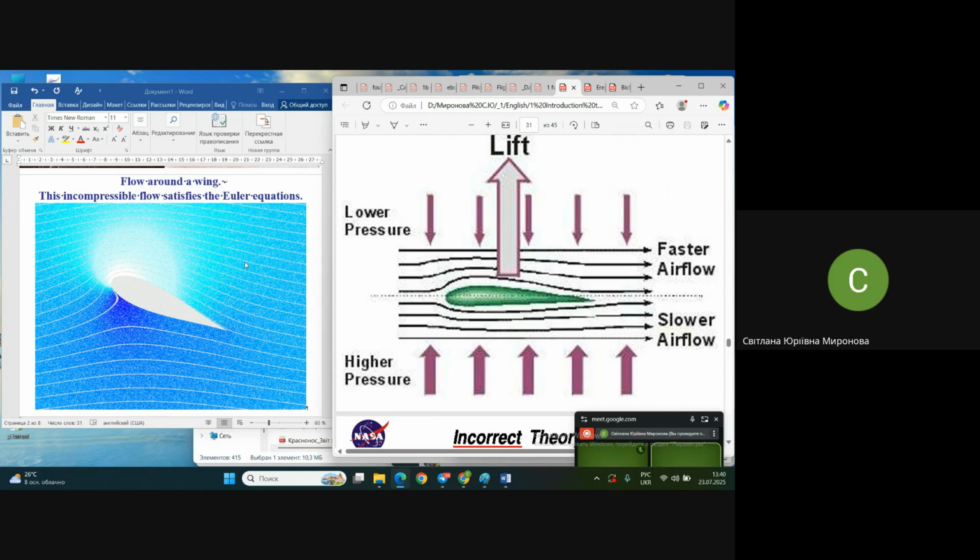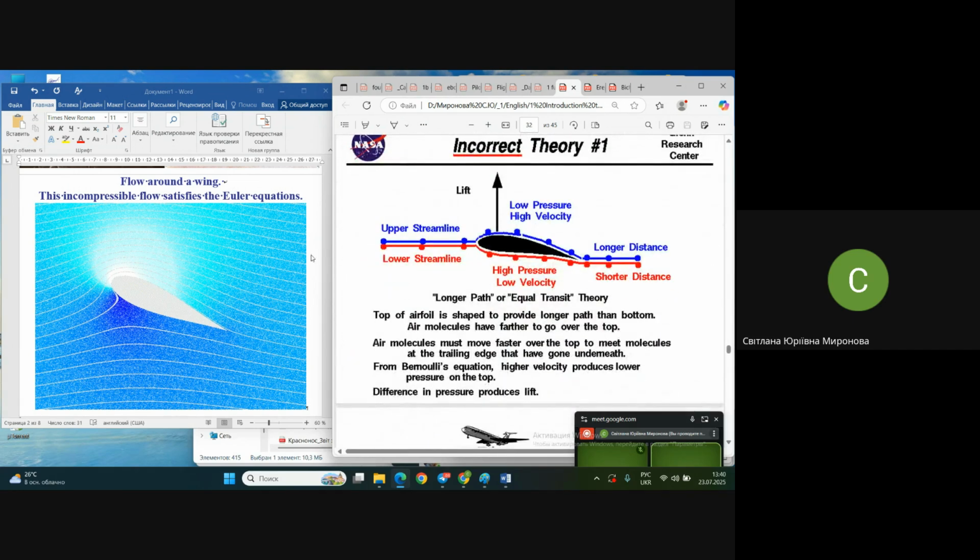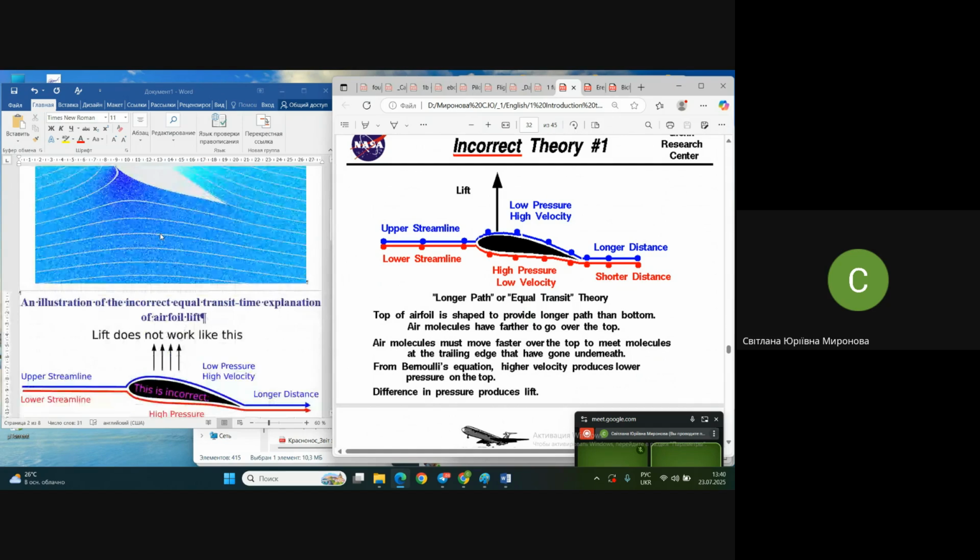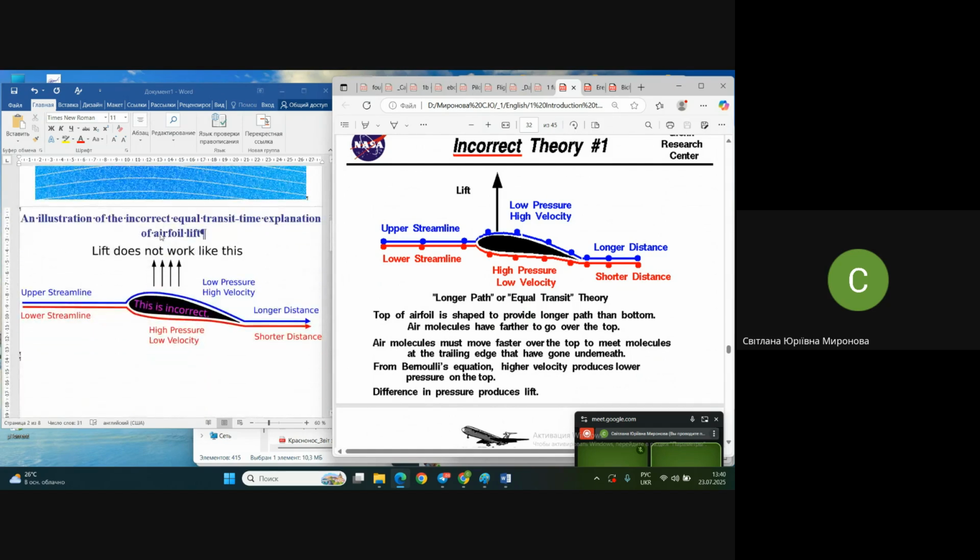But what is the truth? Look at this. The truth is, it's not true. This theory, which uses the direct explanation according to the Bernoulli principle. Actually, the Bernoulli principle is completely correct, but only for ideal gases, ideal liquids, ideal fluids.